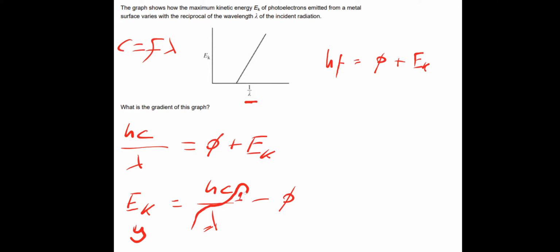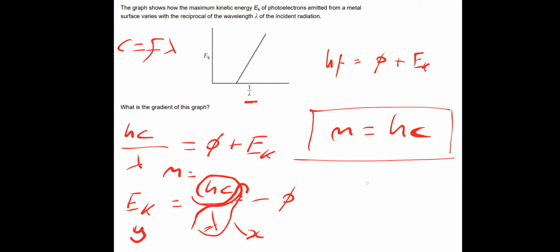So that will be x, and the coefficient of x is the gradient. That would be hc. So the gradient m is equal to h, Planck's constant, times c. That's the gradient of the graph.